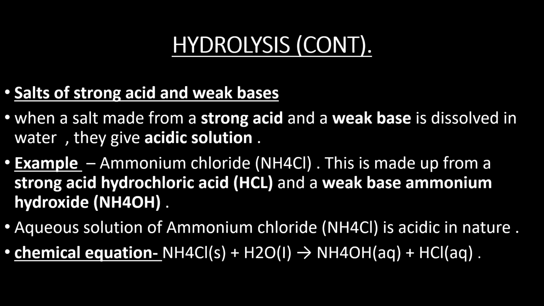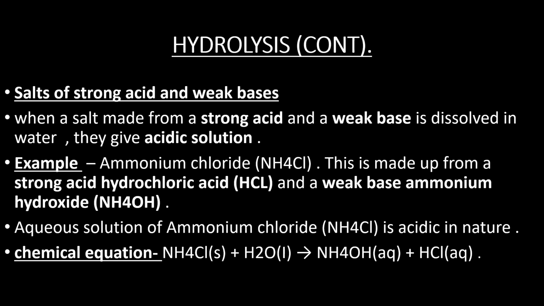So how does it happen? Because in this case, the hydrochloric acid is a strong acid. And what about ammonium hydroxide? This is a weak base. Then the hydrochloric acid, which is a strong acid, will ionize fully. It means it will give a sufficient amount of H plus ions, that is hydrogen ions.